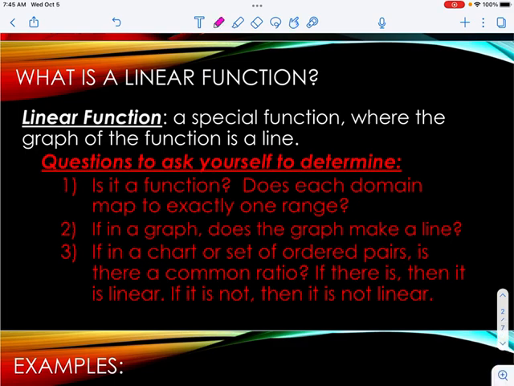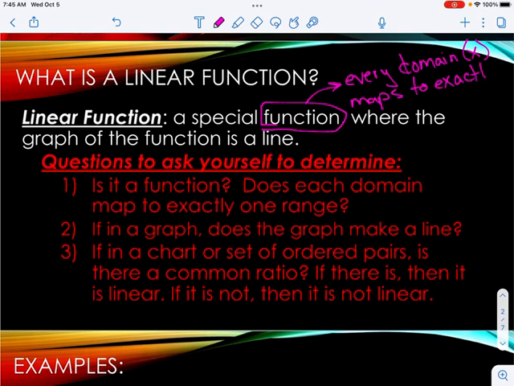Well, first off, a linear function is indeed a special function. So what that means is that every domain, remember that's an x variable, maps to exactly one range.